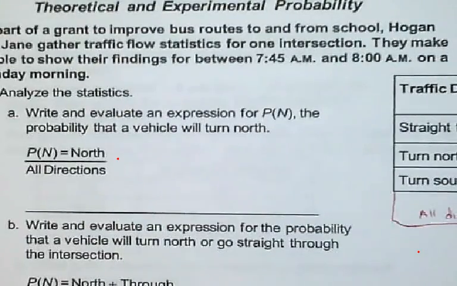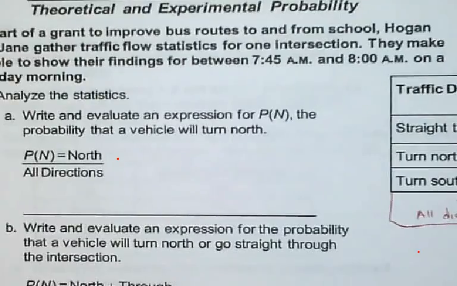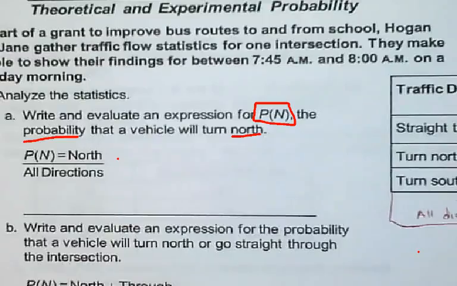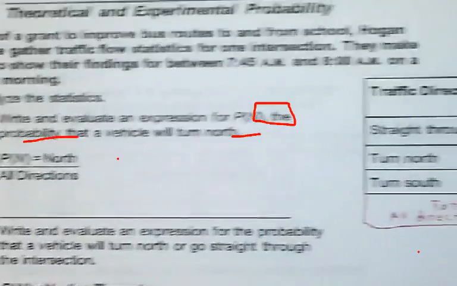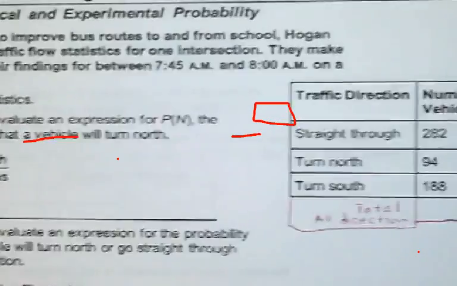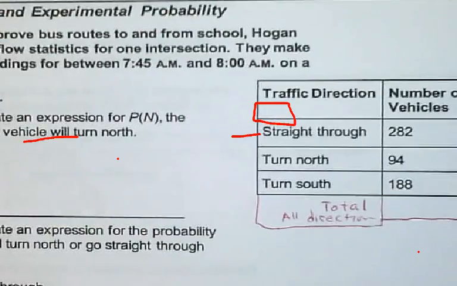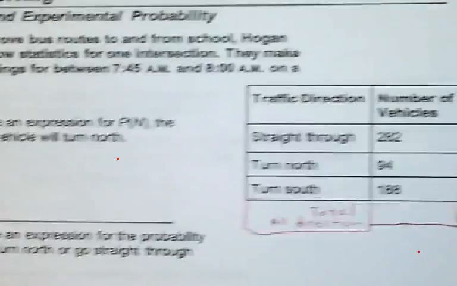Now, look at the way they write it. Mathematicians are lazy. They don't want to write too much. So we're saying probability that it turns north. Look what they did. PN. P stands for probability, N stands for north. What's the probability that it turns north?